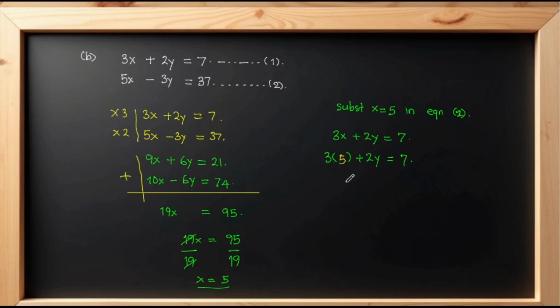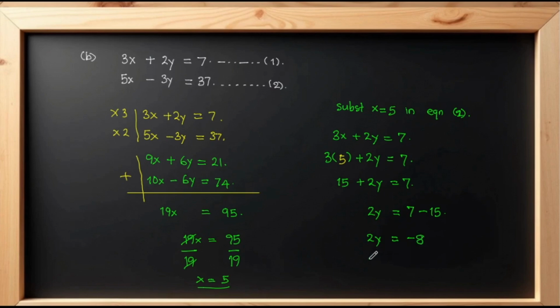Multiplying 3 and 5 making 15, 15 plus 2y equals 7. Now let's collect like terms by taking 15 to the other side. So we have 7 minus 15. When you subtract 15 away from 7, 7 is smaller than 15, so we are going to get a negative here, and that is negative 8.